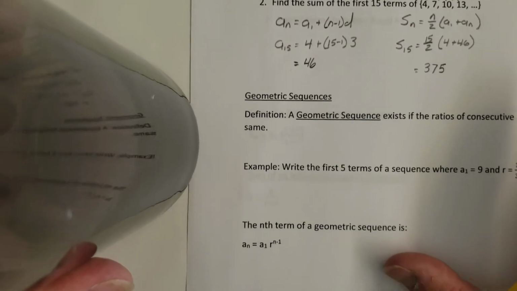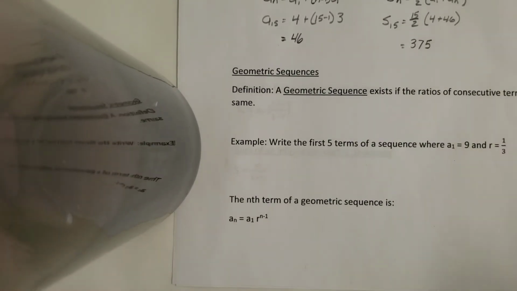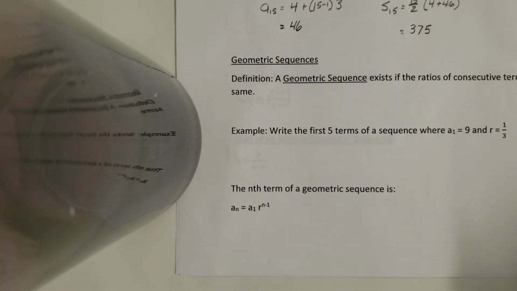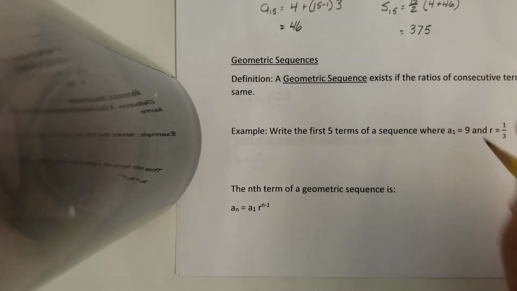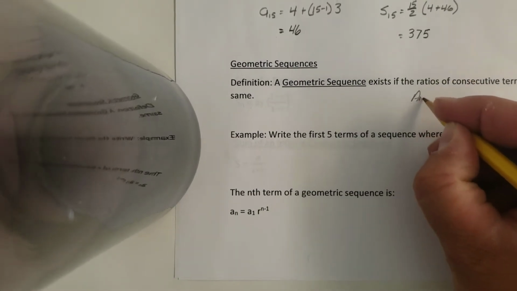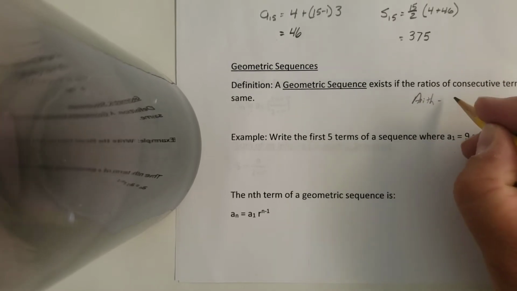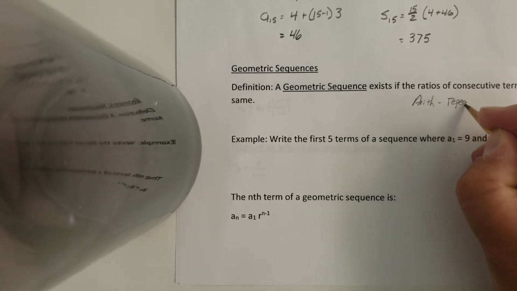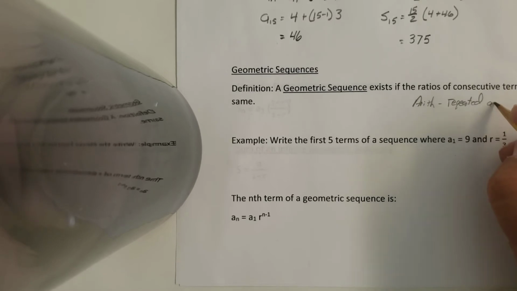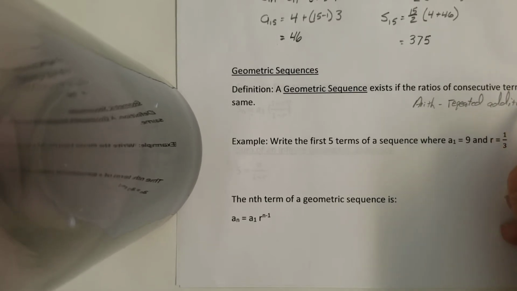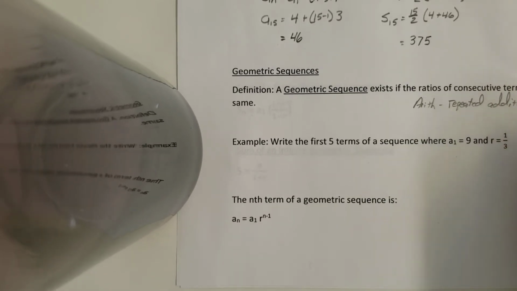Now we're going to switch over to geometric sequences. A geometric sequence exists if the ratios of consecutive terms are the same. Before, when we did arithmetic, we were doing repeated addition, and repeated addition is just multiplication.